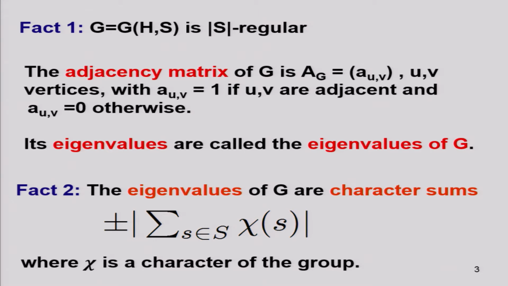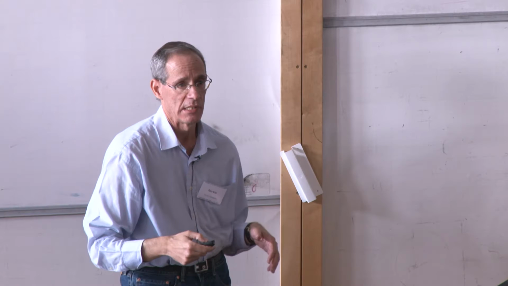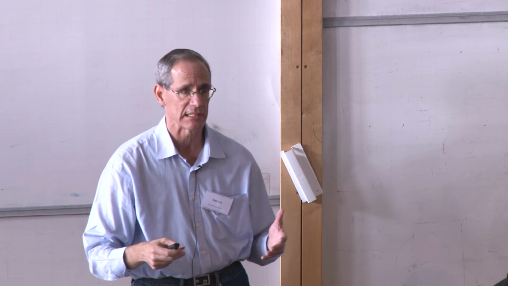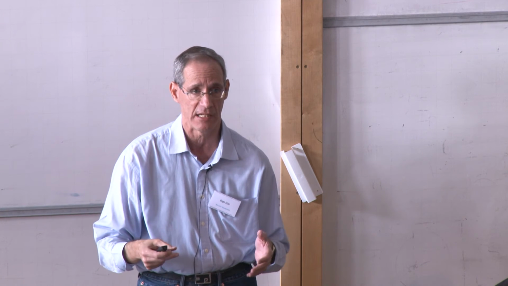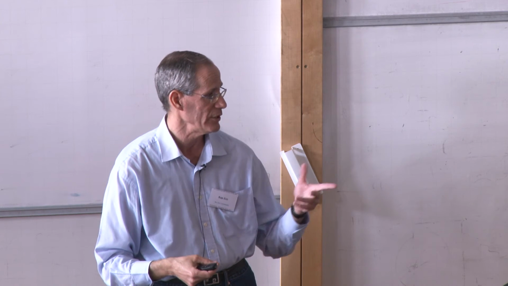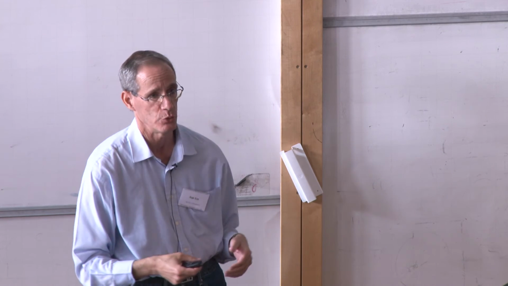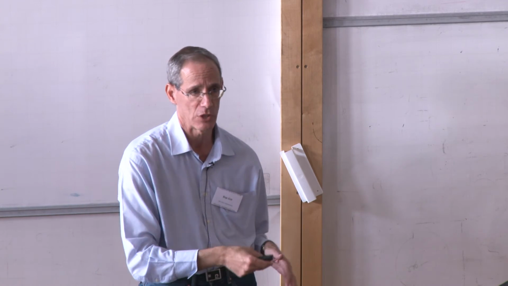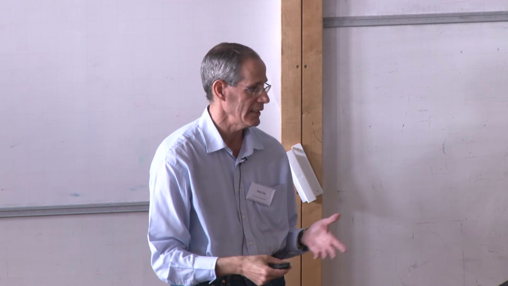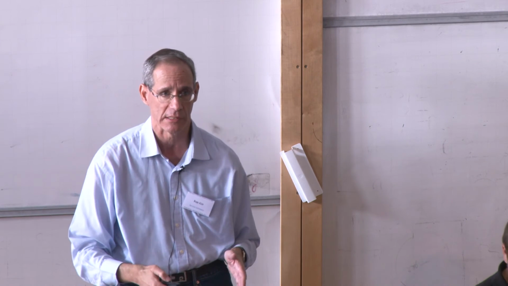You take this sum, you take the absolute value, and it will be an eigenvalue, either plus or minus. This is because it's easy to see that the characters themselves are eigenvectors of the square of the adjacency matrix with eigenvalues which are the absolute value squared. And one can determine also the sign here, but usually we will not care about it.